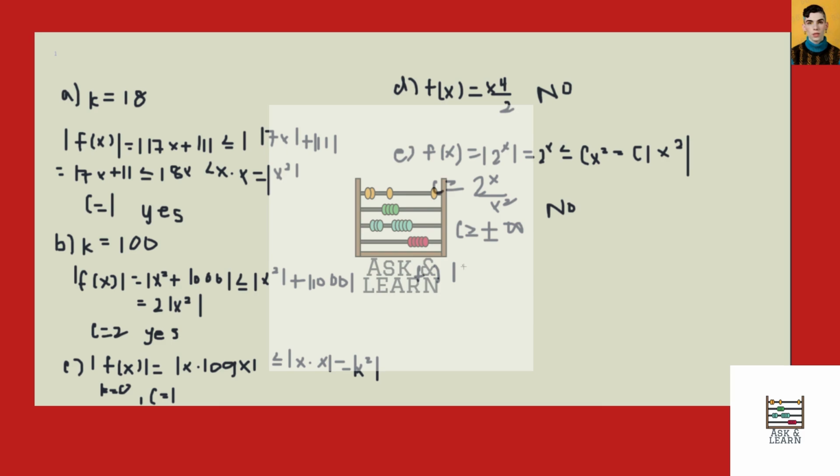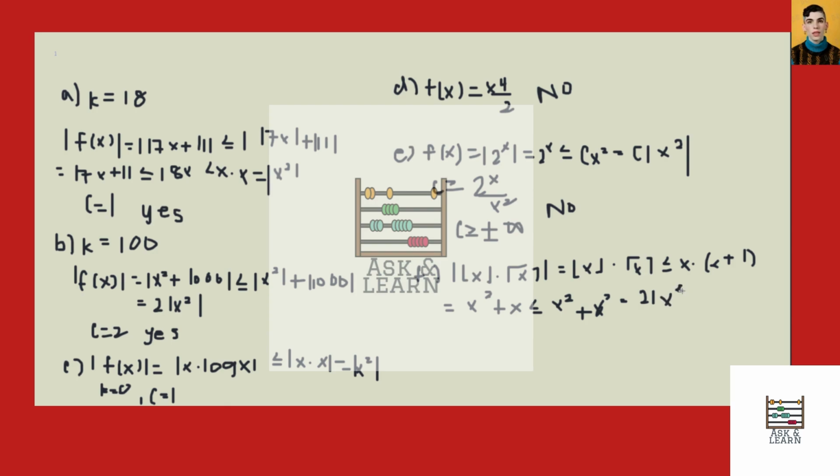For part F, we have a ceiling and floor function. So we take the absolute value and we get less than or equal to x times x plus 1, which is equal to x squared plus x, which is less than or equal to x squared plus x squared, which is equal to 2x squared, and this can be 2 times the absolute value of x squared.